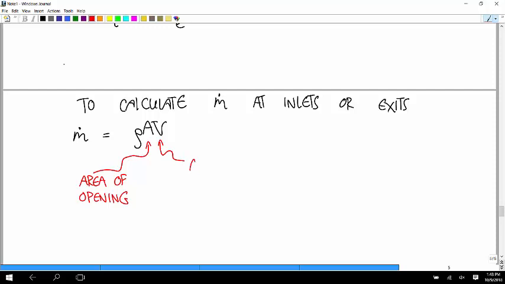That is the average velocity of the flow. So be really careful with that.